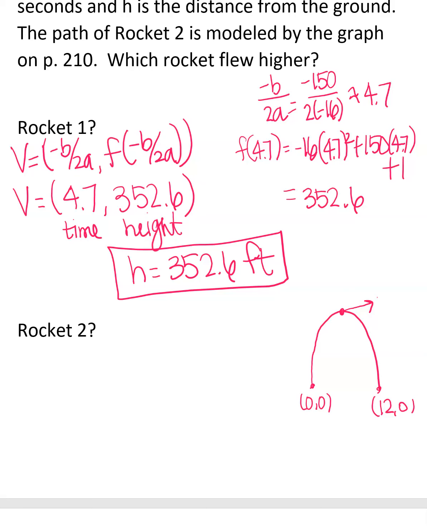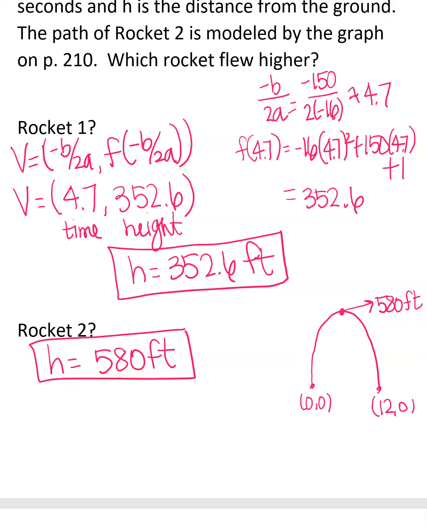They estimate this about 580 feet. Your estimate might be 585, 590, 575. It doesn't really matter as far as the estimate goes. So rocket 2, the height equals 580 feet. So which rocket was higher? Rocket 2.